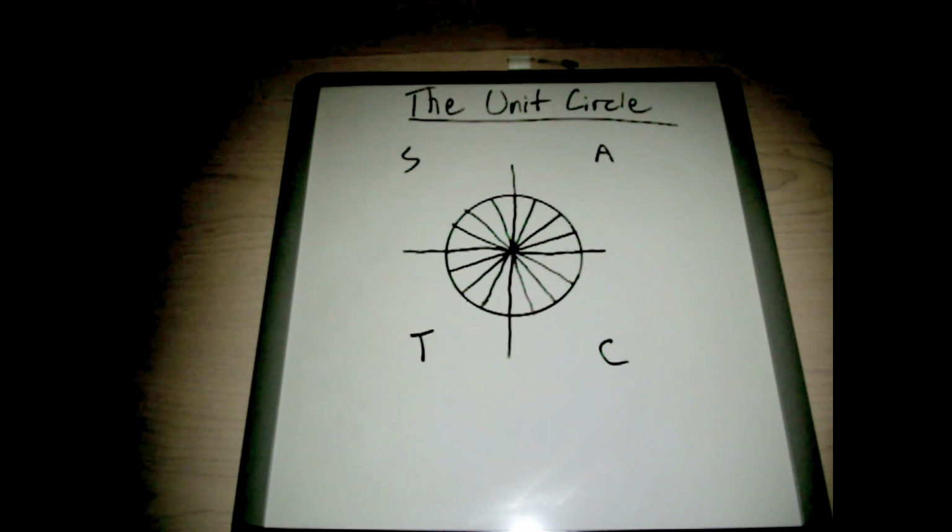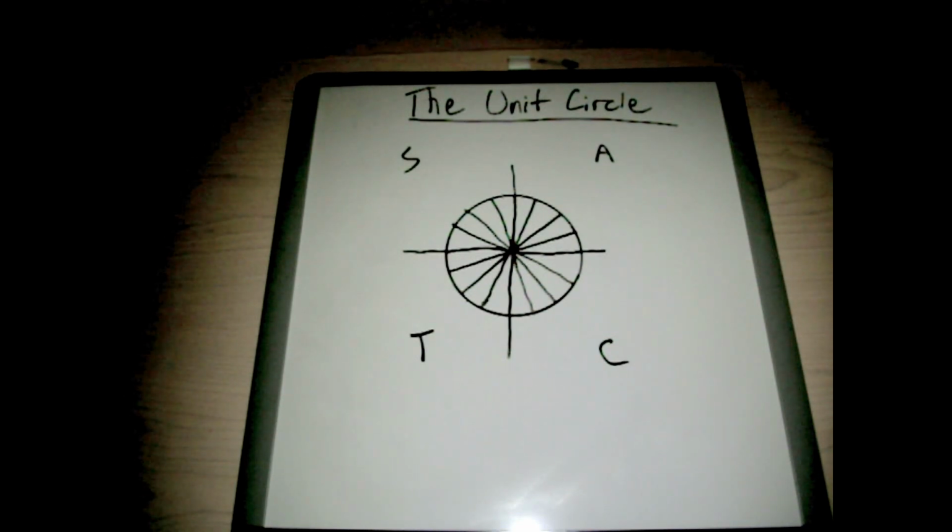Right now we're just going to be starting on one of the fundamental aspects that you'll see throughout calculus that you really need to get down, and this involves the unit circle. So first off, we'll start with what the unit circle is. Essentially, it's just a circle around the origin of a graph with a radius of 1.